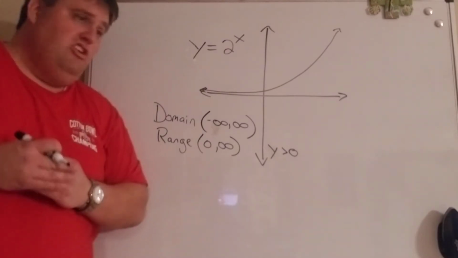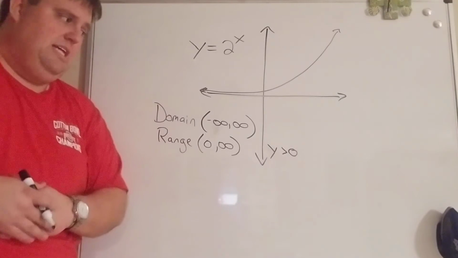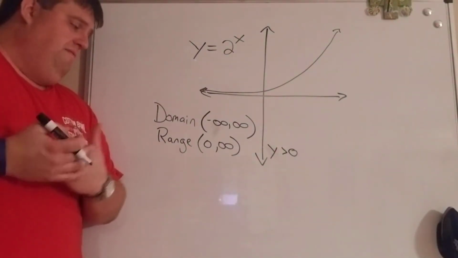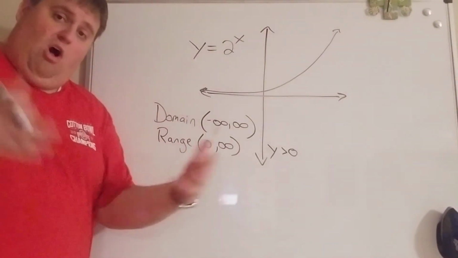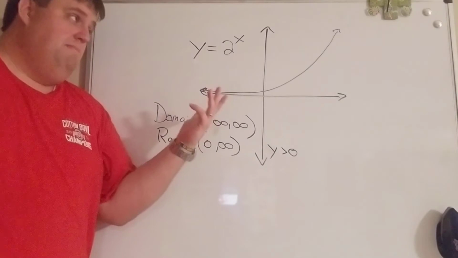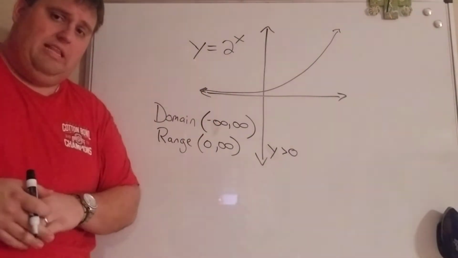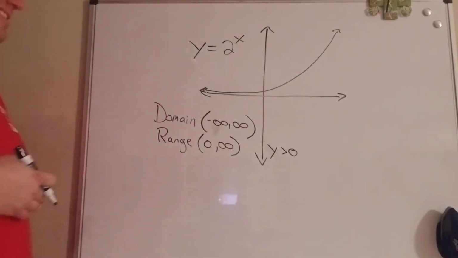So the range is going to be restricted on all exponential functions. There's something that's going to be a problem. Every time that you find domain and range, the domain shouldn't matter. It should always be negative infinity to positive infinity, pretty much, as long as it's not a piecewise or something like that. And we're not going to be able to restrict the x's here.